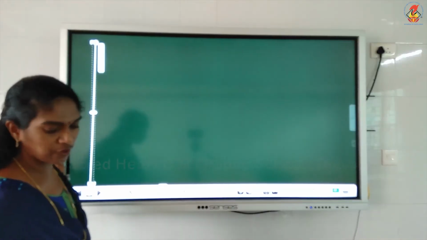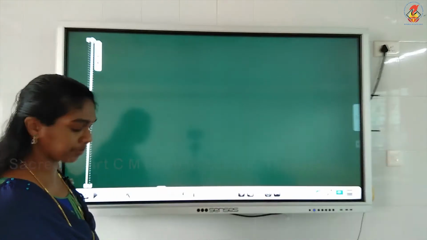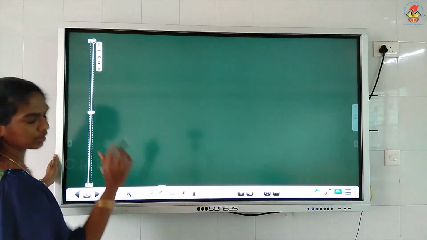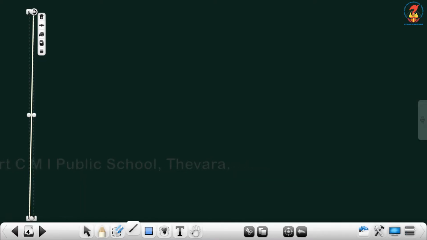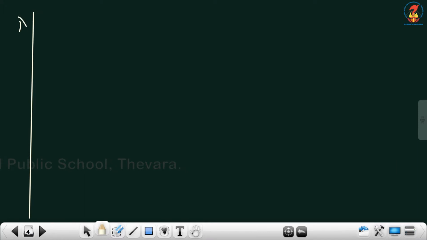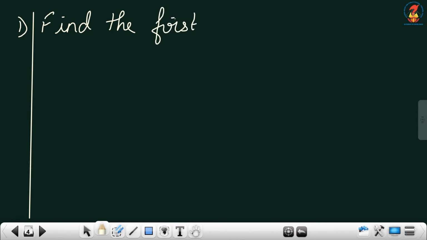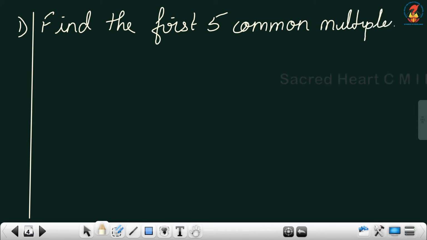First question. Find the first 5 common multiples for the following.